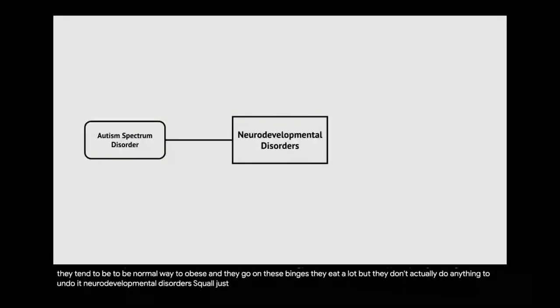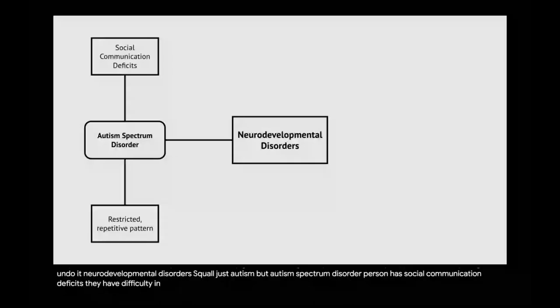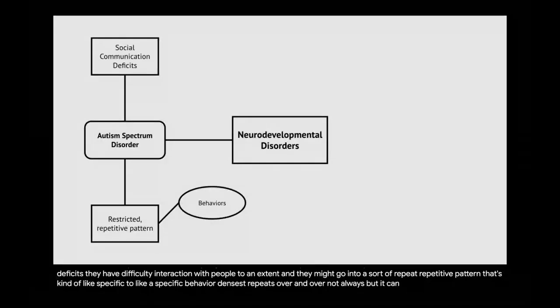Neurodevelopmental disorders. Autism spectrum disorder, once called just autism, but it's autism spectrum disorder. A person has social communication deficits. They have difficulty interacting with people to an extent, and they might go into a repetitive pattern that's specific to a behavior that just repeats over and over. Not always, but it can.